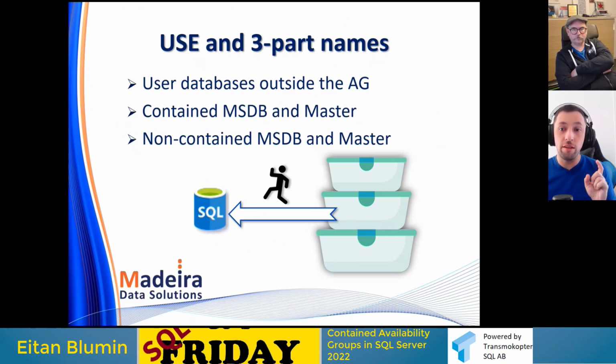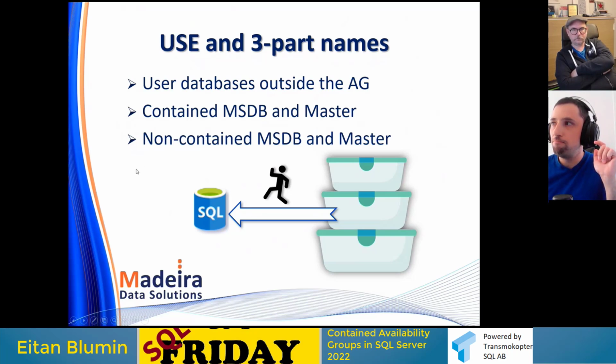So if this login has permissions to the contained availability group databases and also to other databases outside of the availability group, that means that even if that user connects into the virtual reality of the contained availability group, they will still have access to the external database, which is outside of the availability group. And that's a bit of an odd behavior, but it makes sense in a way.